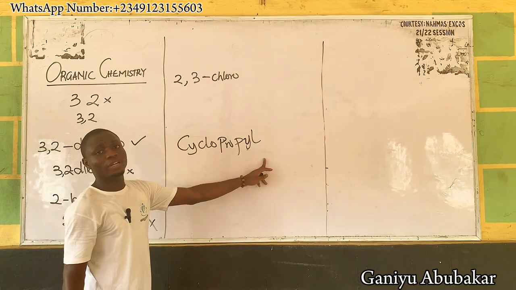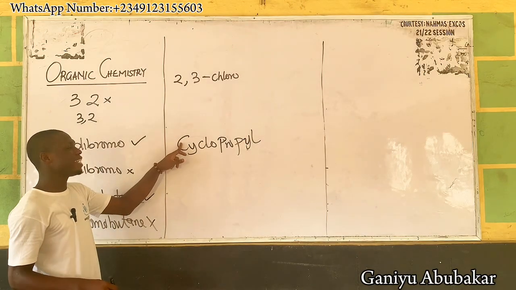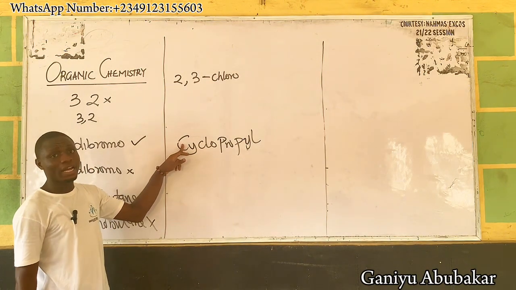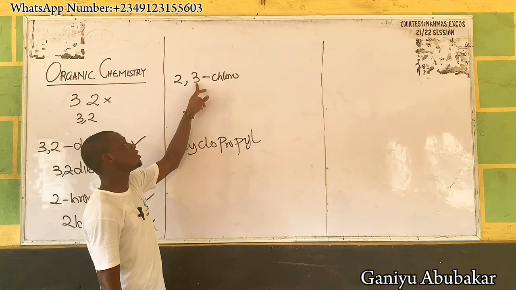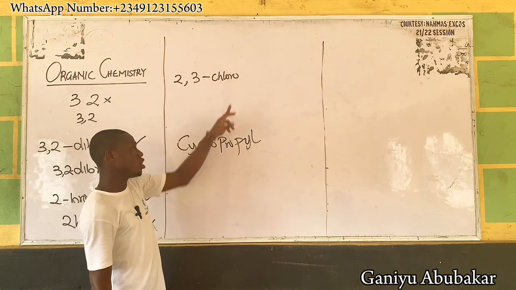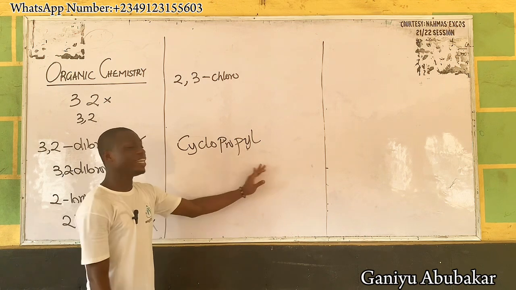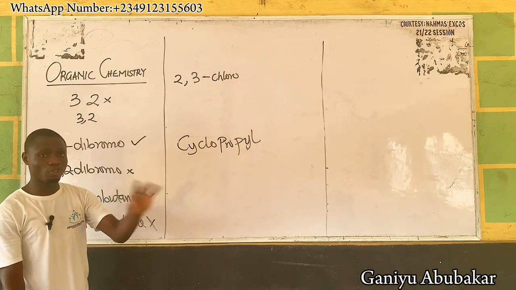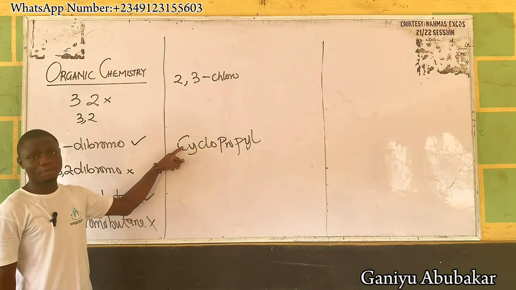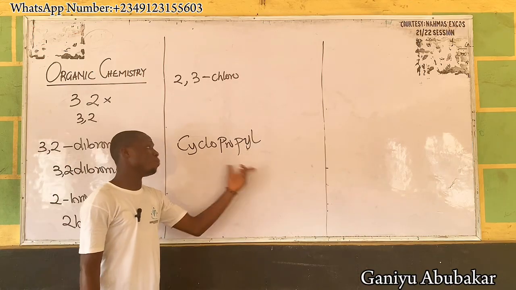This cyclopropyl started the name, so it should be a capital letter. But if it's in between numbers, that should be a small letter. So if the name of any compound is starting at the top, you should use a capital letter to name it. This is cyclo of a propyl, right?